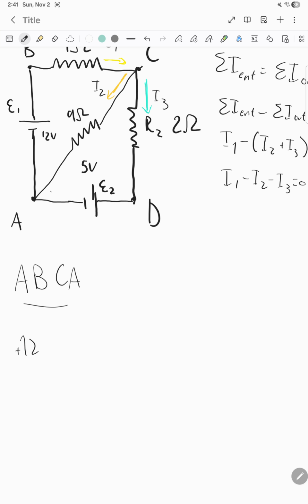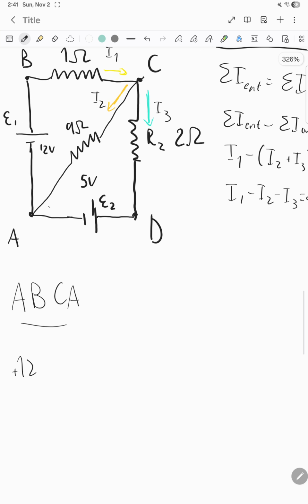Plus 12 volts. Then, because our hypothesis is A, B, C, A, this is our hypothesis of where the current's going to go. Next up, we have 1 ohm, so it's going to be minus 1 I1, of course, because we're working with I1 here. And then finally, no, wait, never mind. We're not going A, B, C, D, it's going A, B, C, A. This is how the current goes.